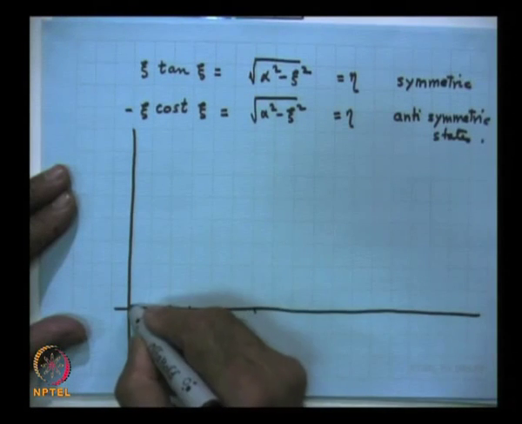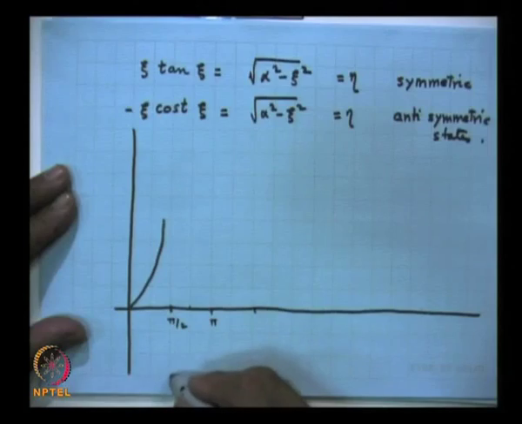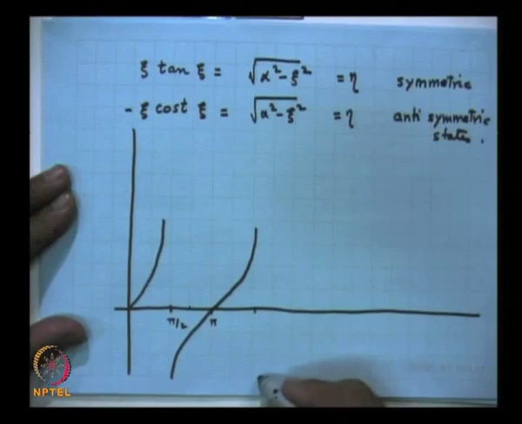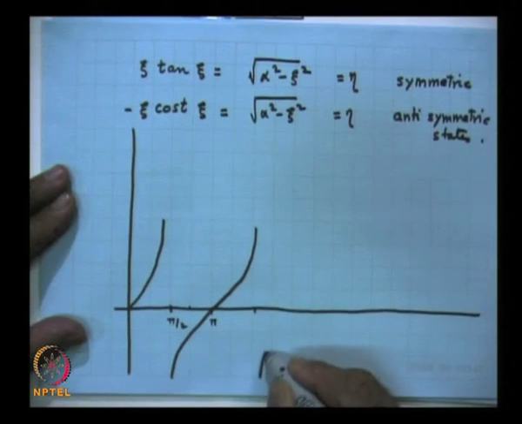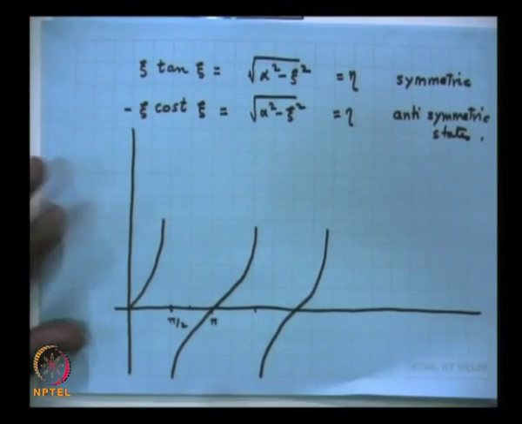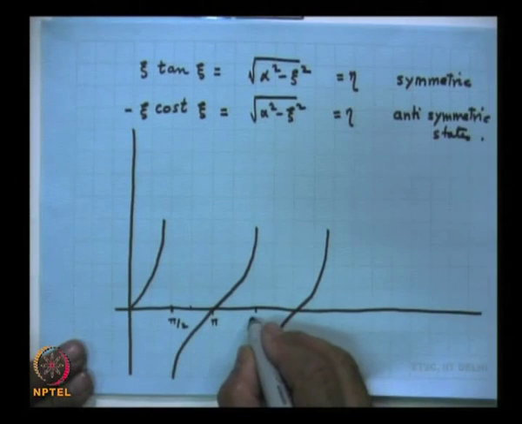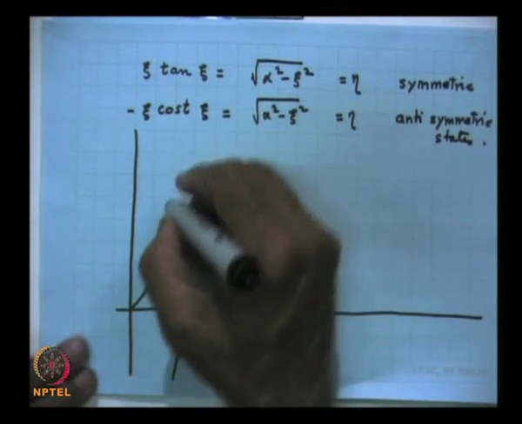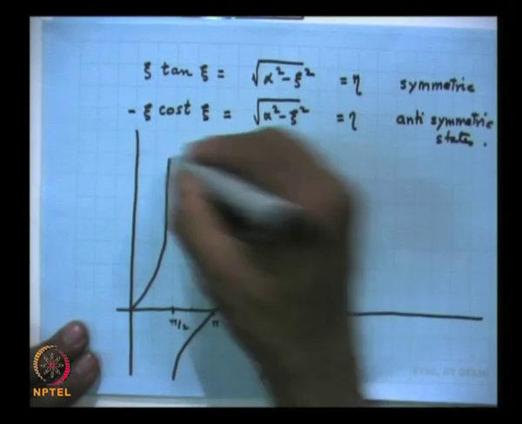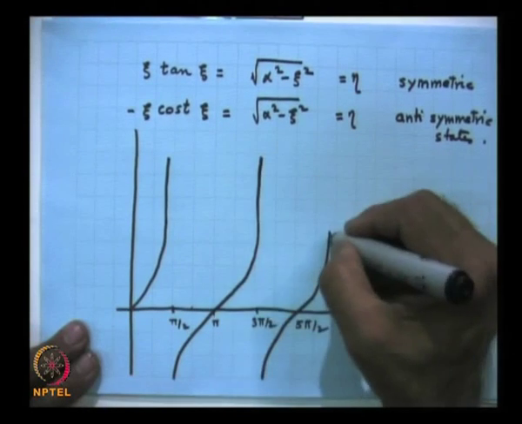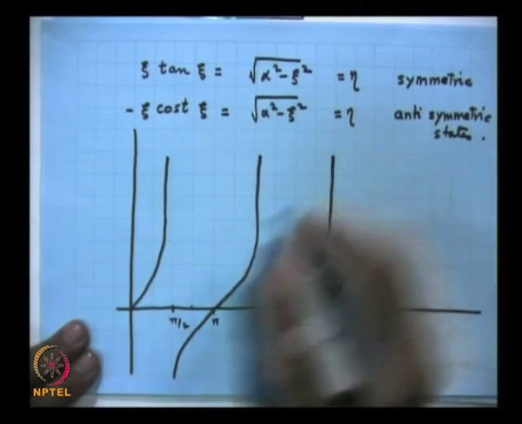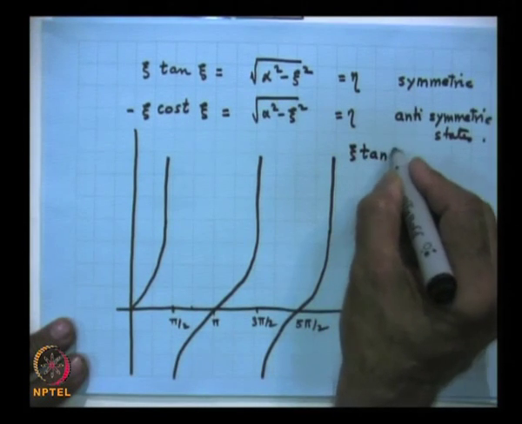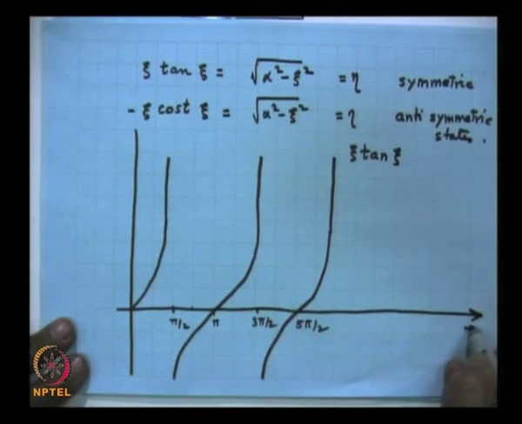So, xi tan xi goes to infinity here, it goes like this, like this. So, you have pi by 2, 3 pi by 2 and 5 pi by 2, and this will go to infinity. What I have plotted is xi tan xi as a function of xi.